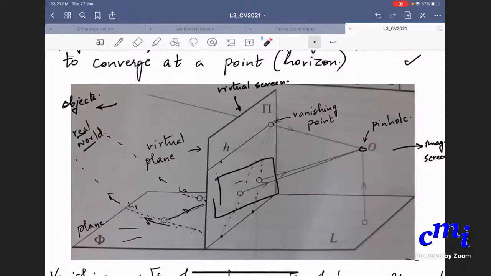If you have seen a picture of a railway track, you will see that in the image, they don't appear parallel. These lines appear to meet at some point, which may or may not be in the actual image, and that point is called the vanishing point.